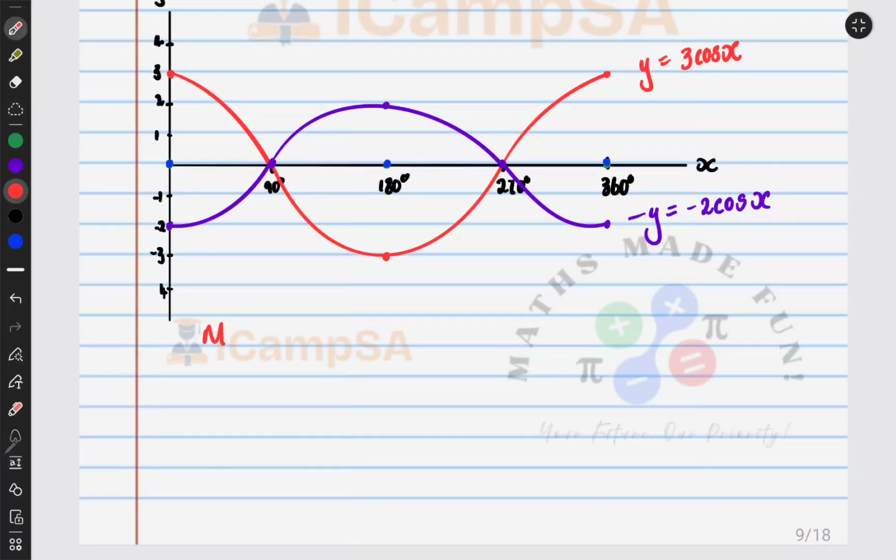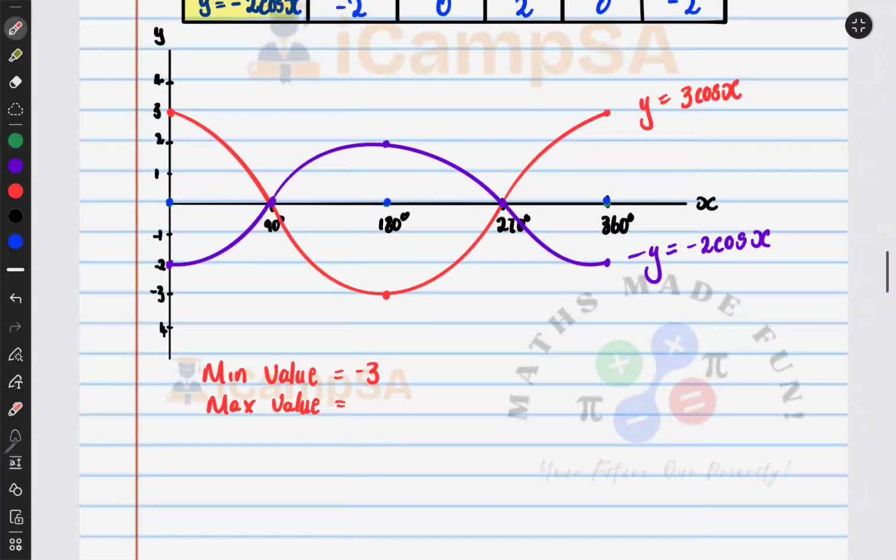The minimum value. What is the lowest value on the function? Here it is -3, and then the maximum value, the highest value, is what? As you can see here, it is +3.